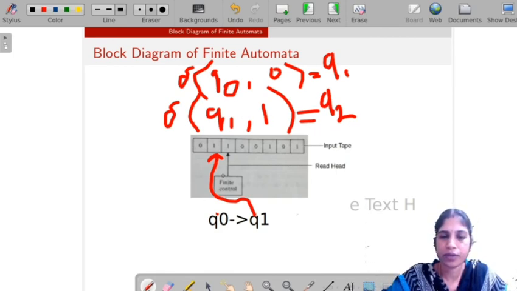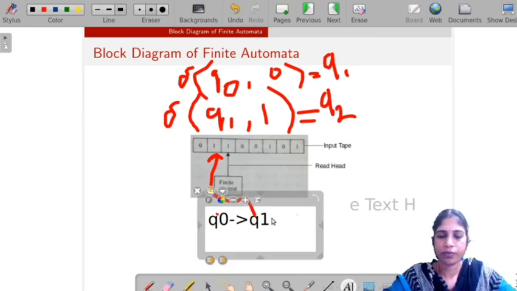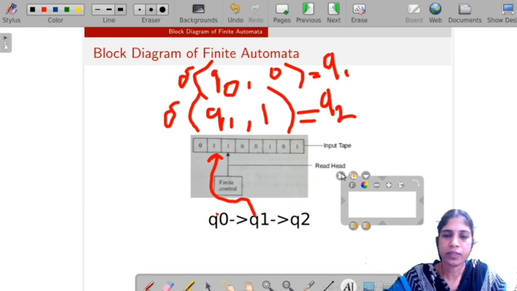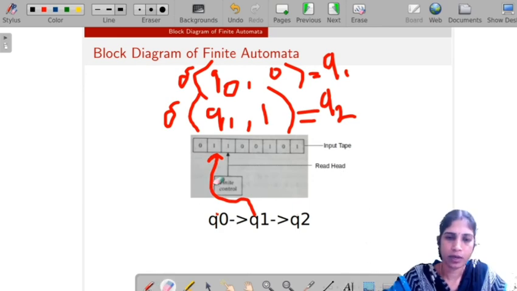So now the finite control is in the state Q2. Then the read head also moves one cell to the right. Now it points to the third cell.